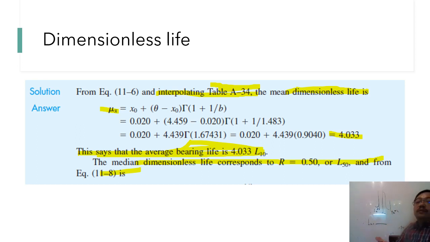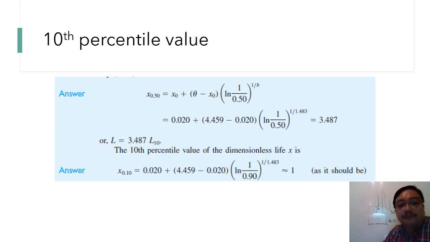For your application, it becomes 4.03 times, meaning that it can last 4 times the value of the life given. That is what is meant by 4.03. Let's go to the next slide.